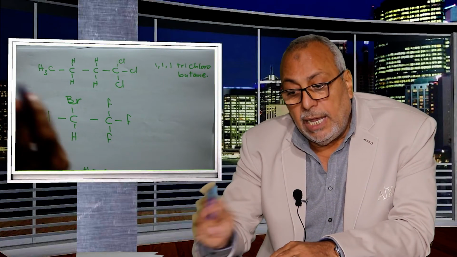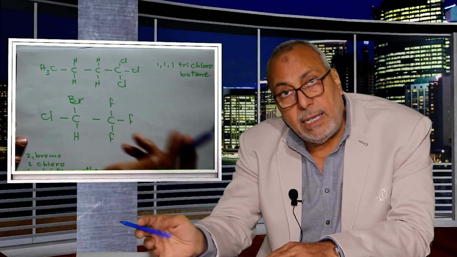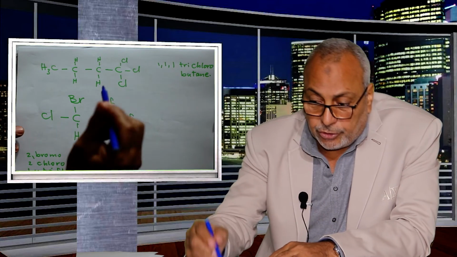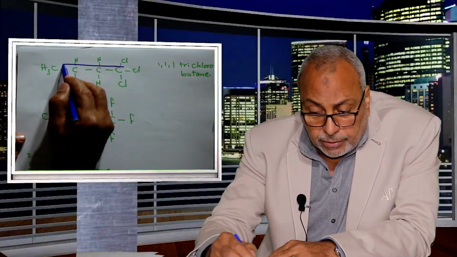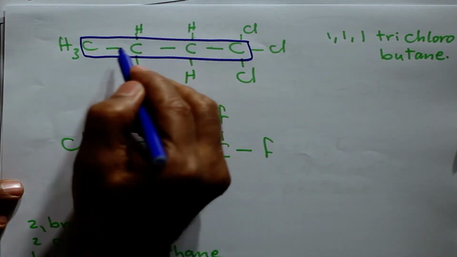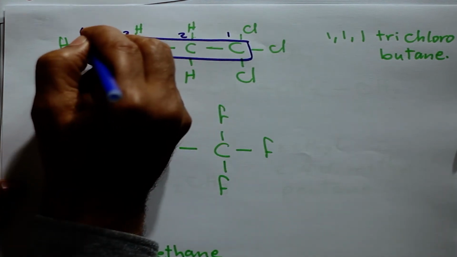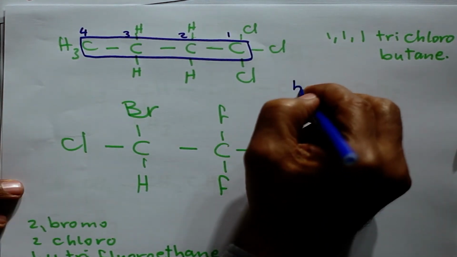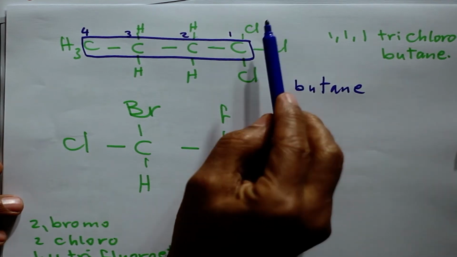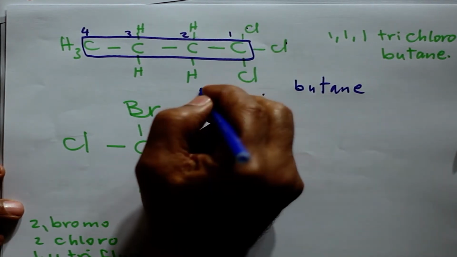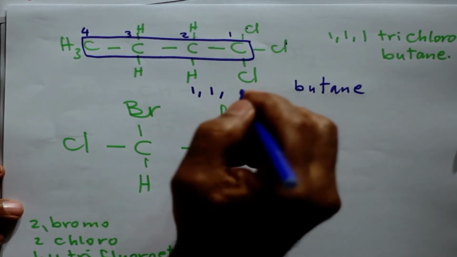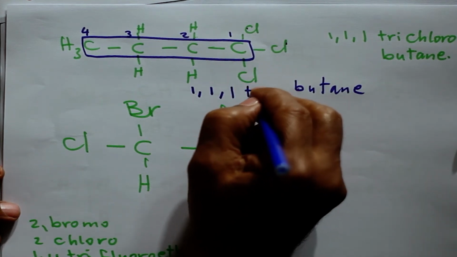continuous chain and start numbering from the nearest end to the branch. The halogen is considered as a branch: 1, 2, 3, 4. Butane. And we have 3 chloro, 1,1,1-tri.